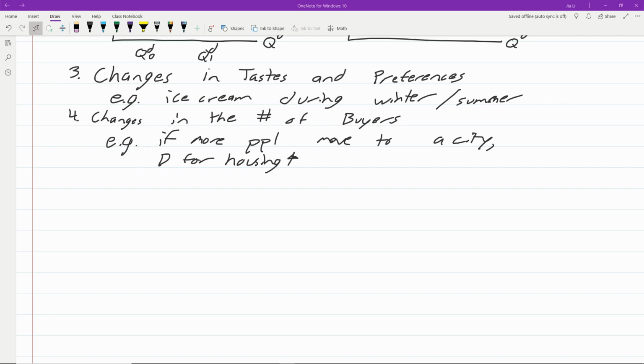Okay, last but not least is changes in expectations about future prices, or even more in general, changes in expectations about the future.